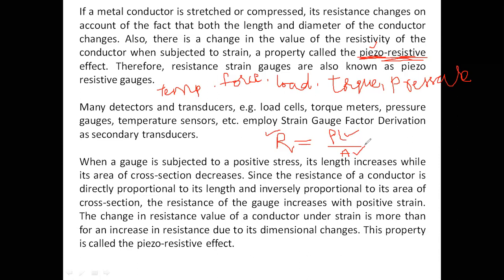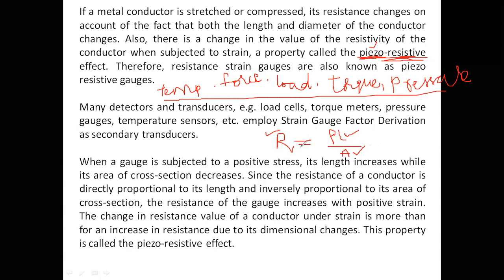So I have to choose materials for strain gauges such that if inputs like these are applied on it, it must give variations in these dimensions.